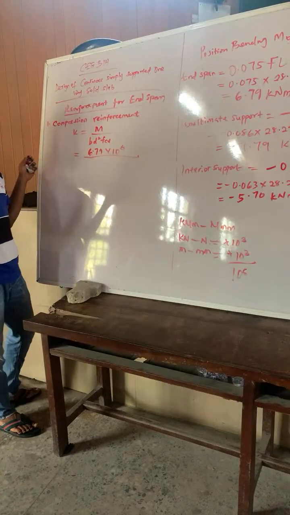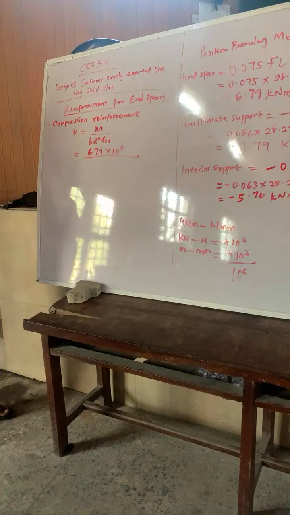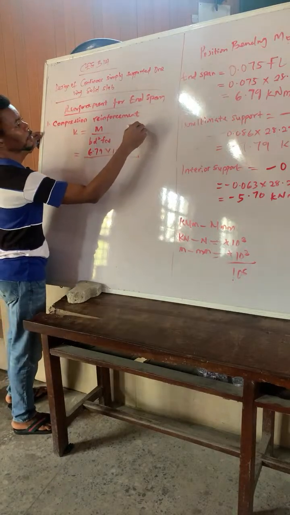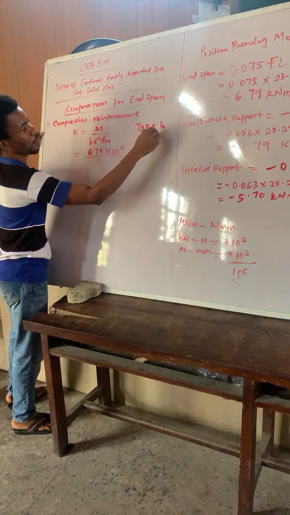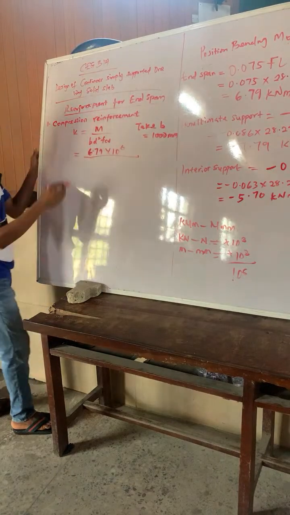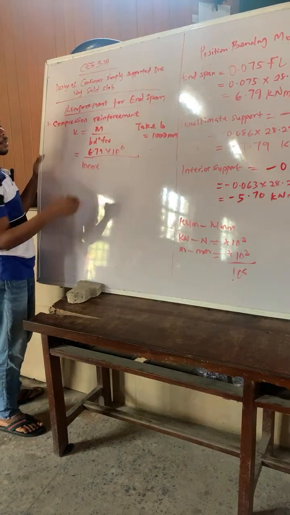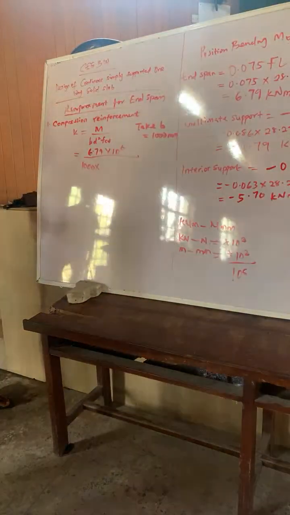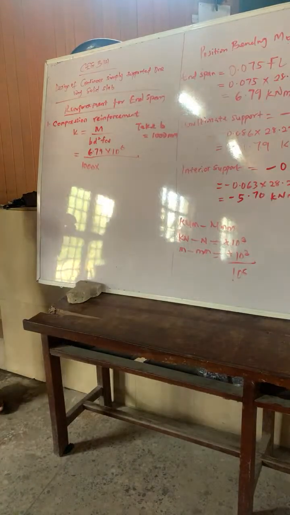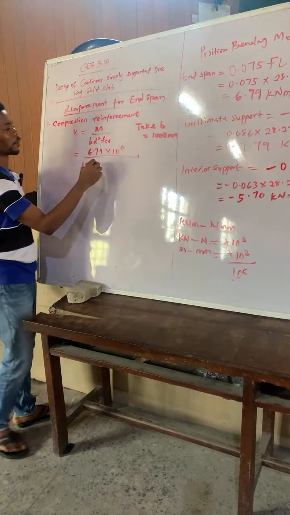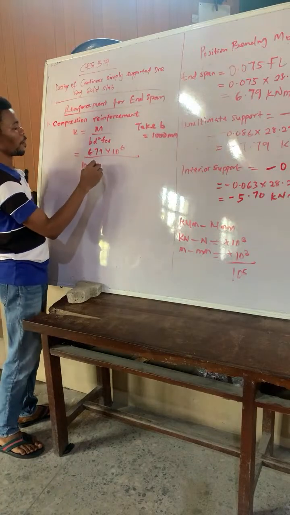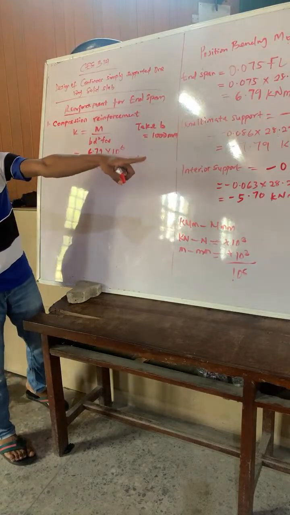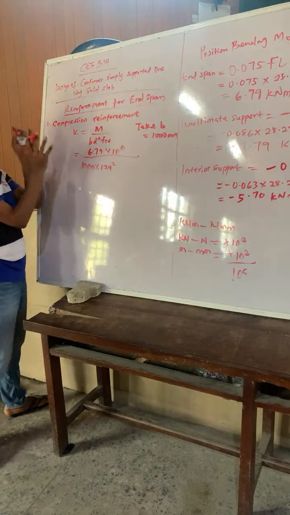Over our B, which is 1,000. Just take your B as 1,000 millimeter. For slab, please, but not for beam. So we have 1,000 times our D. 124 is in millimeter already.